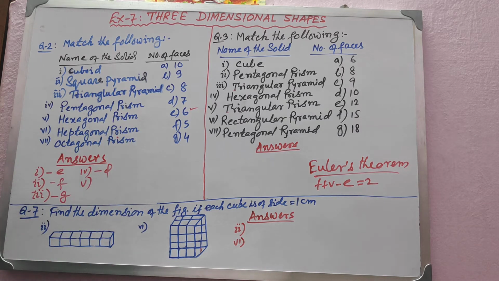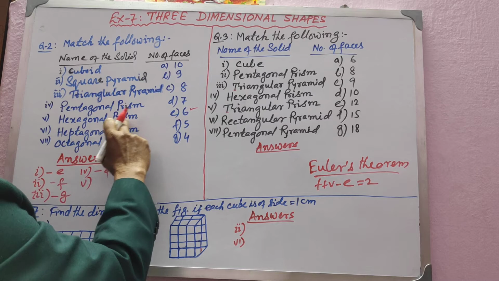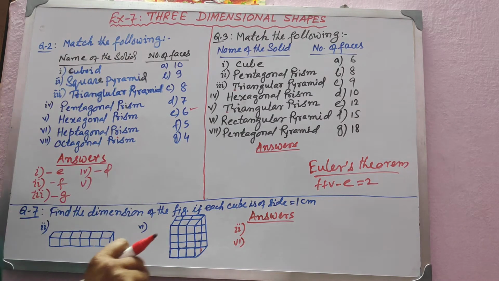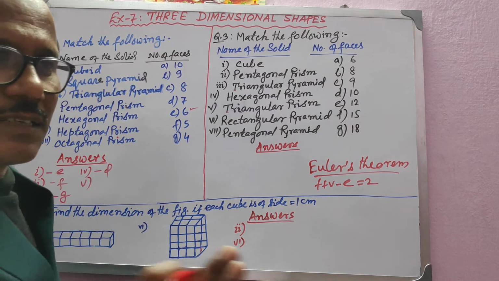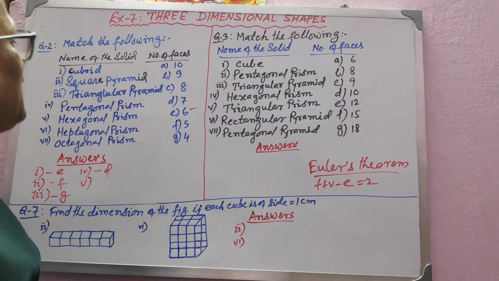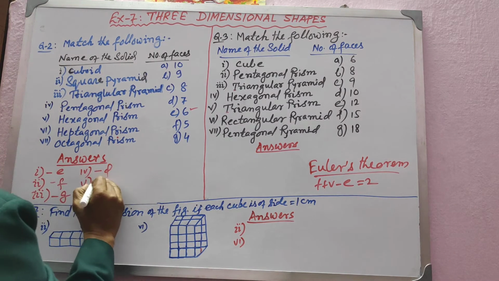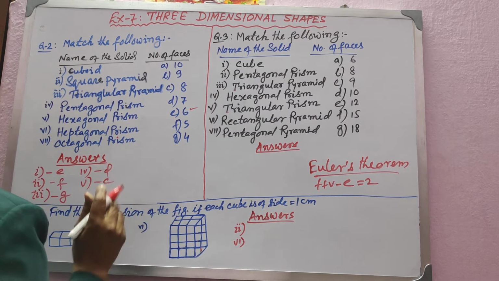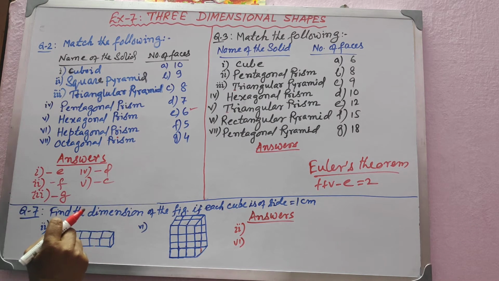Hexagon means 6 vertices. So 6 plus 6, 12. That means 2 plus 6, 8 it will be. So it will be matching with C only.